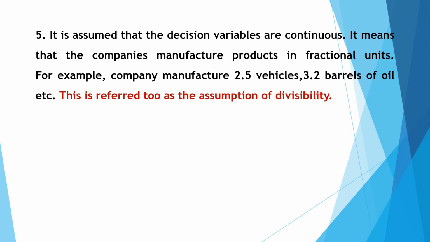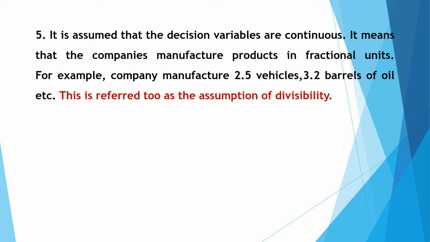Now, after solving, you may have decision variables to be continuous. So, it is assumed that the decision variables are continuous. That means a company manufactures products in fractional units. For example, a company manufactures 2.5 vehicles. No doubt, 2.5 vehicles is not possible. A company can either manufacture 2 vehicles or 3 vehicles. But if it is an oil company, 3.2 barrels of oil can be manufactured.